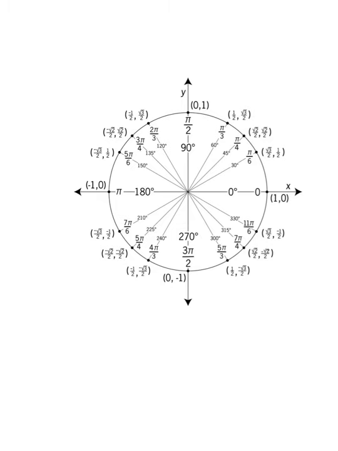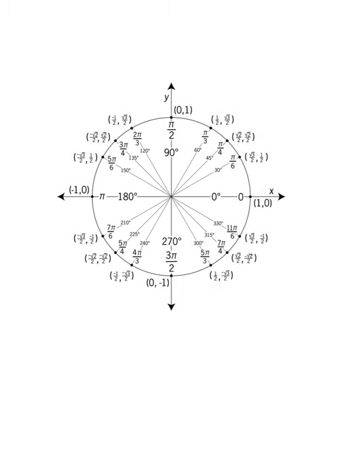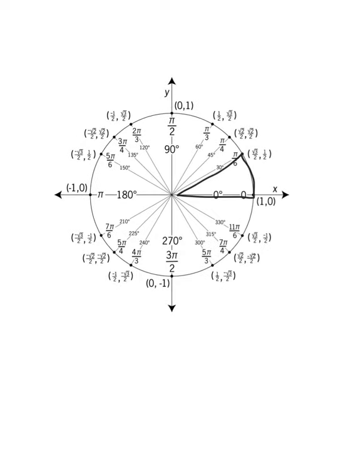So if you put cos theta in your calculator and then you put sine theta in your calculator, what you're actually getting are the coordinates of that point right there. Remember what we said before with our triangle. If this was theta, we call this cos theta, sine theta.